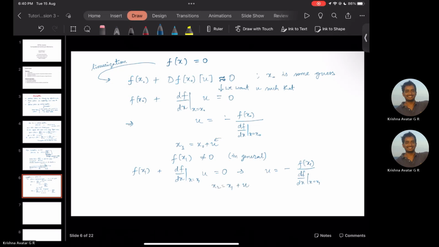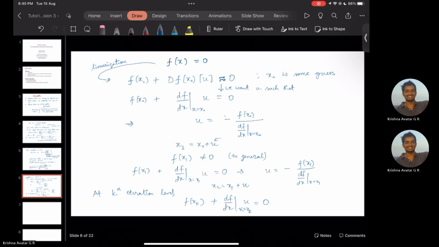Likewise, at the kth iteration level, you have f of xk plus df by dx at x equal to xk times u equal to 0.